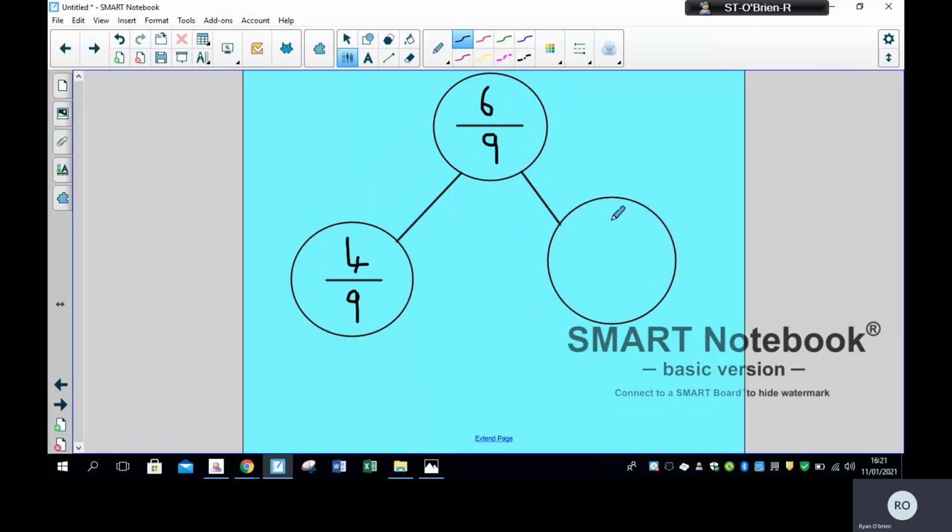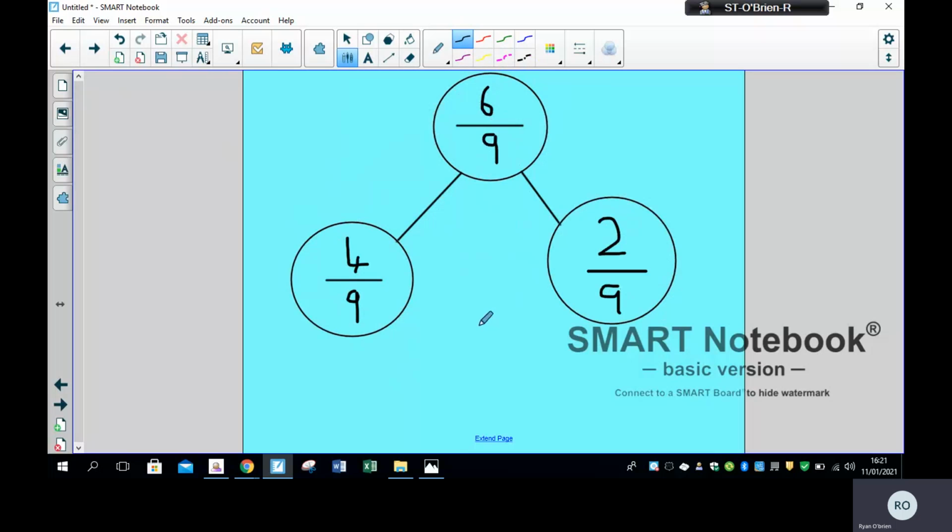Well, 4 add 2 equals 6. So 4/9 add 2/9 equals 6/9. This works because the numerator, the number at the top, adds together, so 4 add 2 equals 6, and the denominator, which tells you how many parts, stays the same.